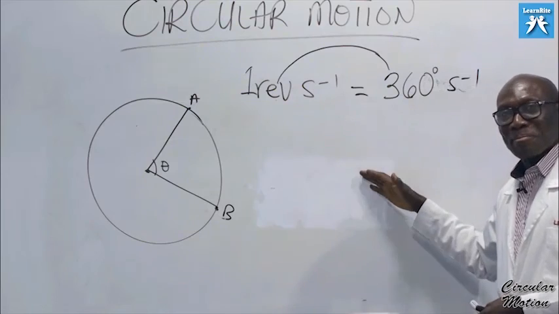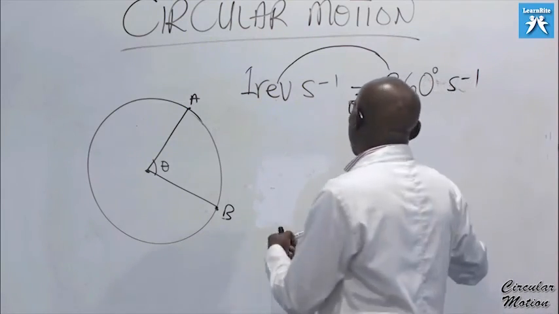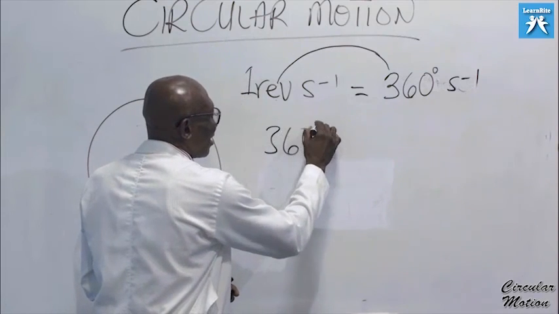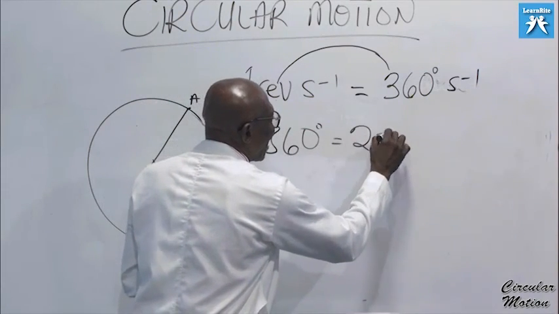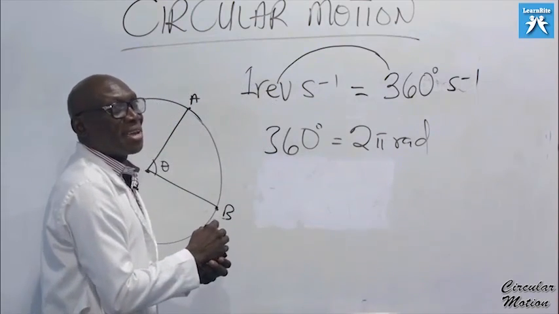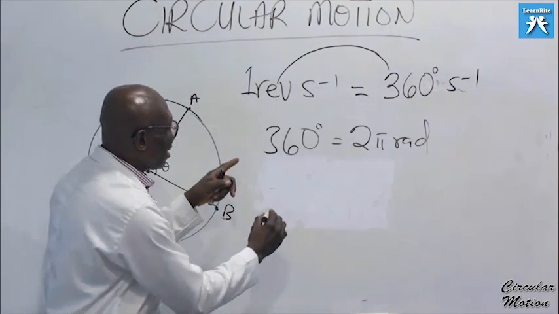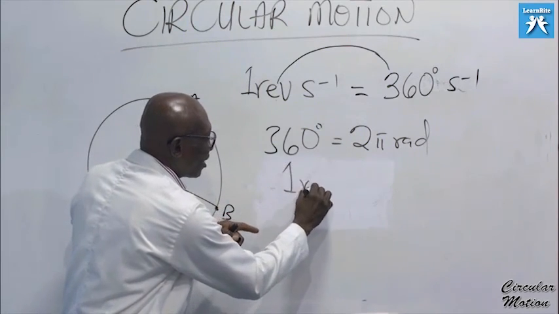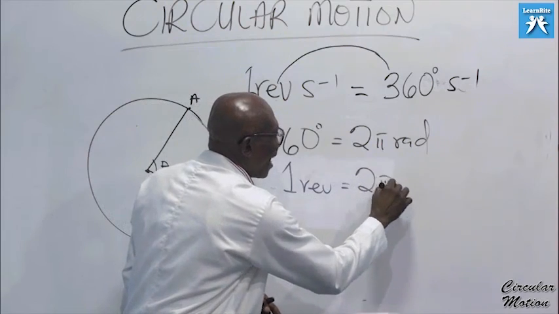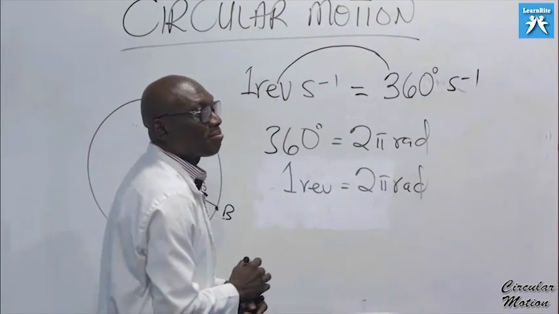But we are lucky to know that 360 degrees is equal to 2 pi radians. What does it mean? It means that one revolution is also equal to 2 pi radians.